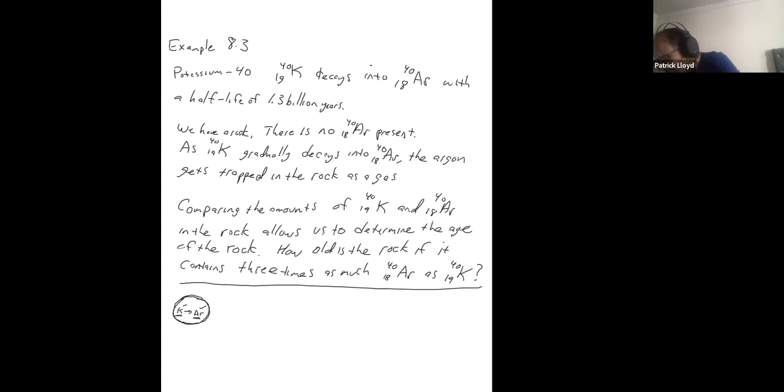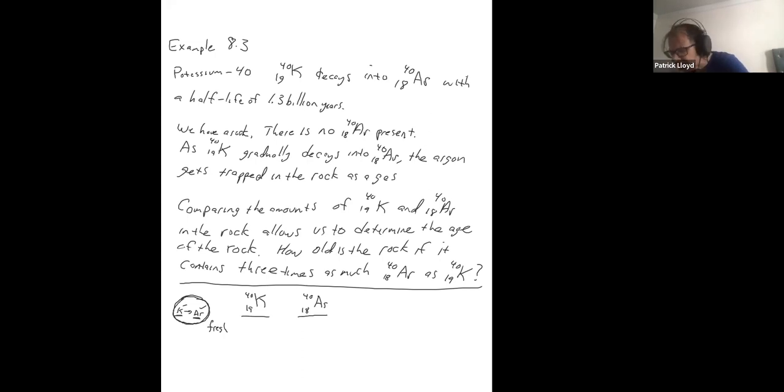So let's do it this way. Let's suppose I'm going to write a little table. Okay, so let's say this rock is new, it's fresh. Right, it came from a volcanic explosion, lava came out, it starts cooling.